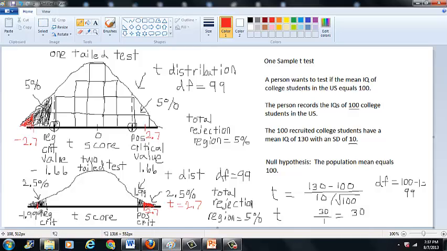I wish I had room to write negative 2.7, but it's just the opposite of 2.7. So this is 2.7, this is negative 2.7.